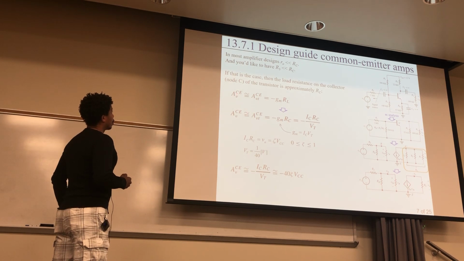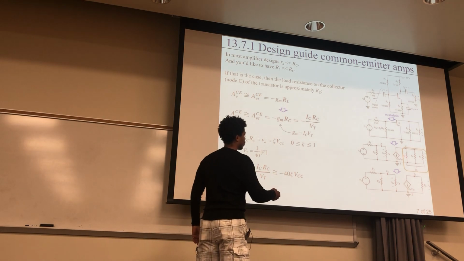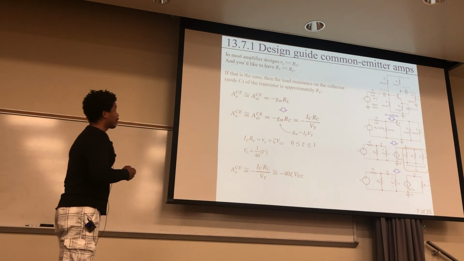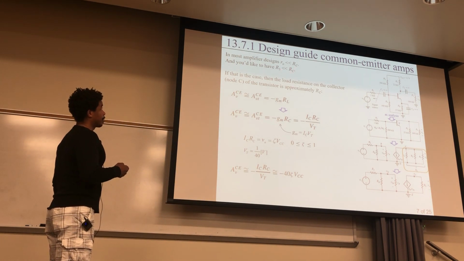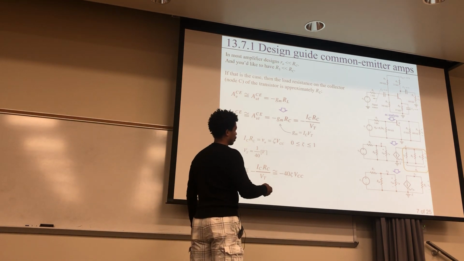For most amplifier designs, RO is usually much, much less than RC. So this resistor is usually much, much less than RC. And you'd like to have R3 be much, much less than RC. And that's your real load, so you'd like to have this much, much less than that.